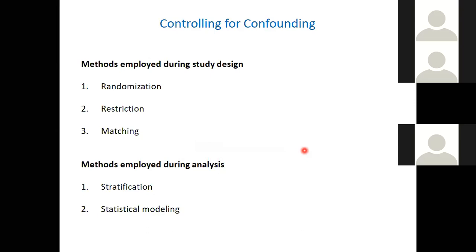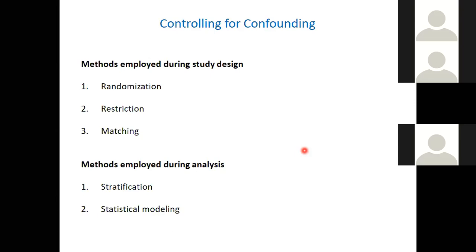So matching means that if in one group there is one person that is smoking, you make sure in the other group there will be another person that is smoking. So if 30 people are smoking on one side, you have 30 people smoking on the other side also.